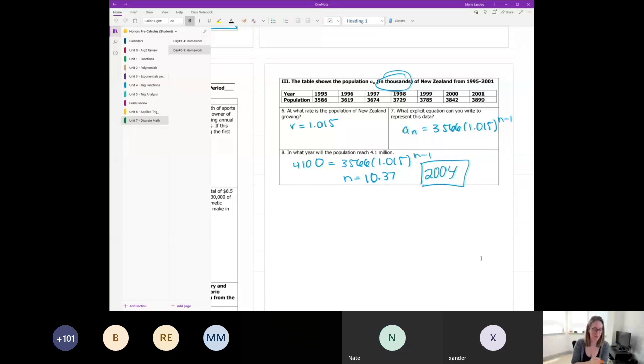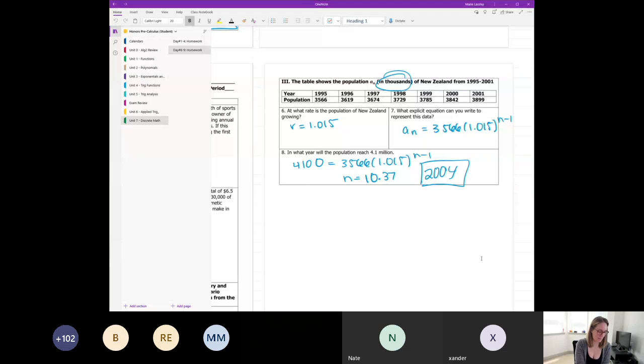If you look at our chart, our first year is 95, and then 2001 is the 7th term of our sequence. So it's not going to happen in the 10th year. It's going to happen in the 11th year. So I just did 11 years past the start. And that was 2004. Did I do math wrong?